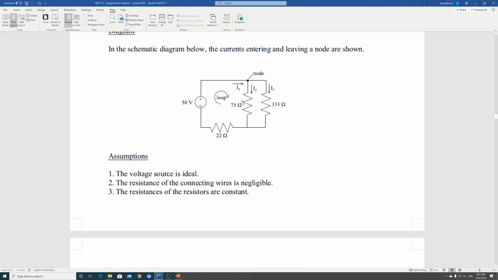And then you go down by some voltage, and then you go down by another voltage, and now you're back to your reference or starting point. So you increase the charge carriers, give them additional energy, they lose energy, and are back to where you were when you originally started. So we go up by 50, go down by V2, and we've defined this one as V1, so then go down by V1.